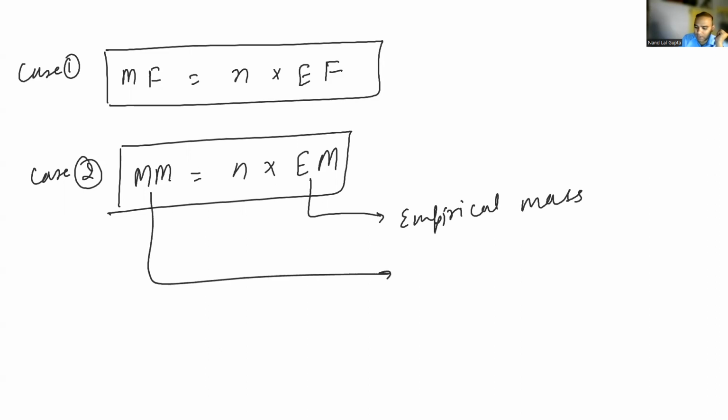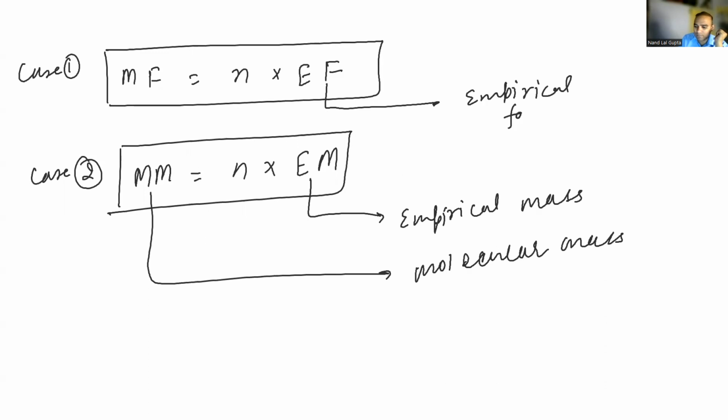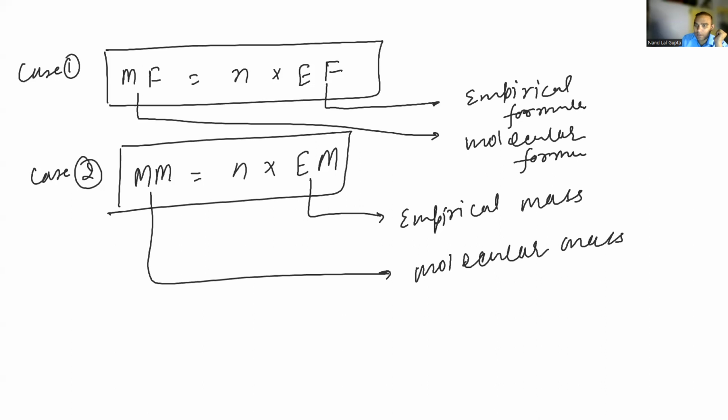If you talk about EF, this is empirical formula, and if you talk about MF, this is molecular formula. So these many terms are there.